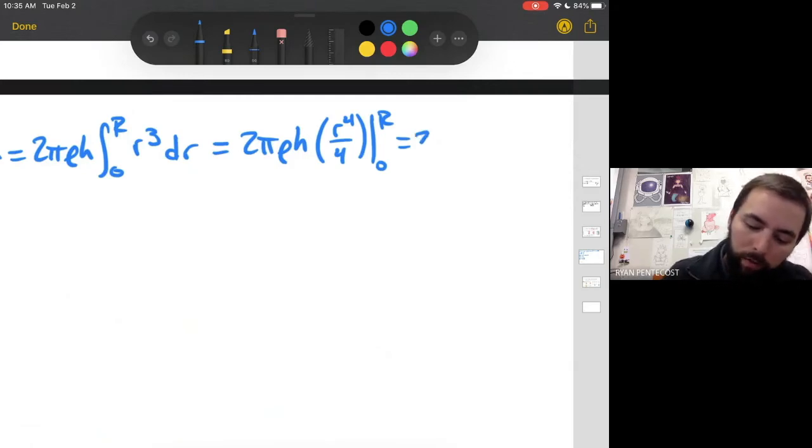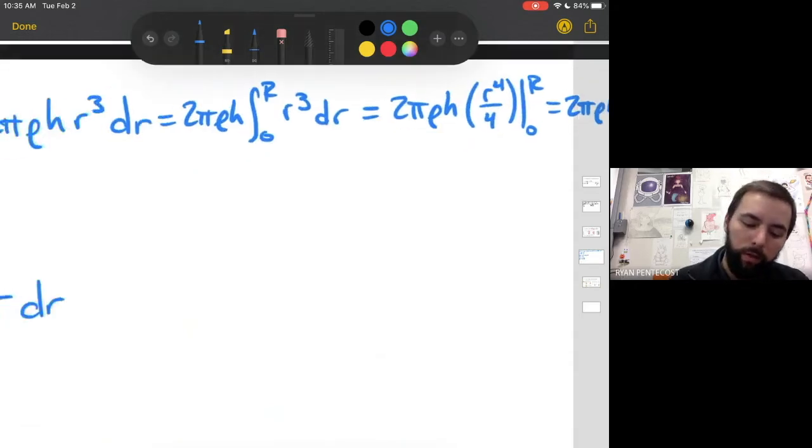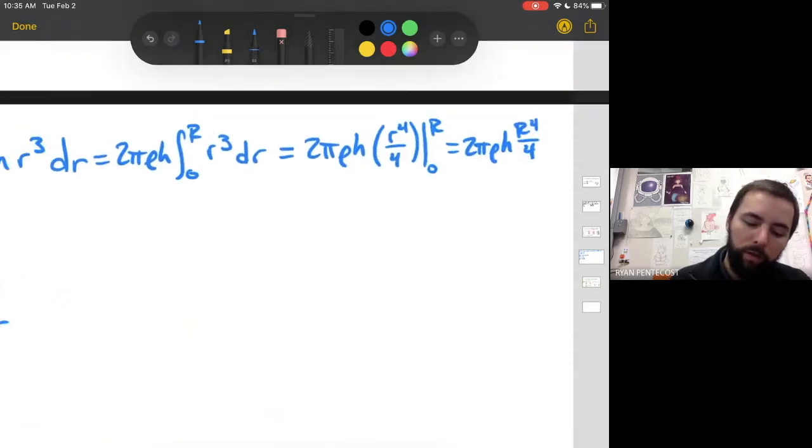You then have 2 pi rho h times R to the 4th over 4. However, that's too messy, and that's not an acceptable answer. So let's go back and start simplifying.